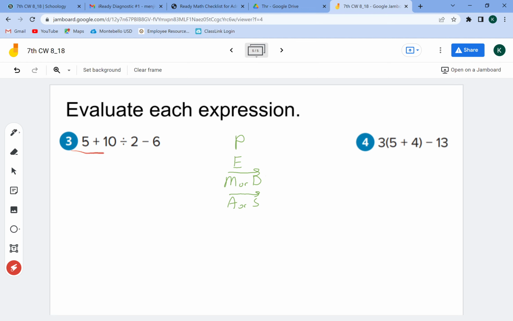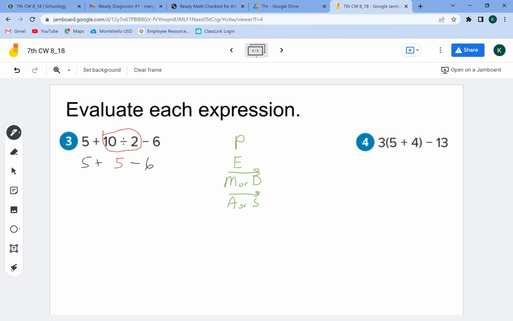I scan it and I go, oh, right here, I see a division sign. So I'm going to do this part first. 10 divided by 2 gives me a 5, so I put 5 here.